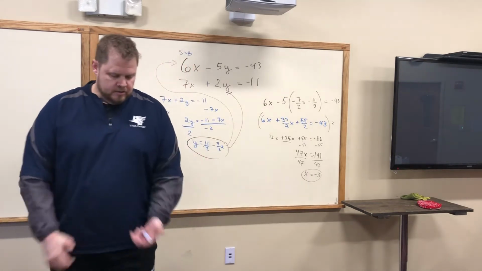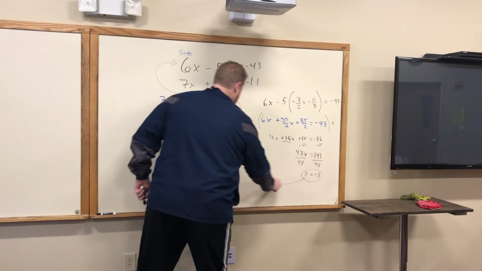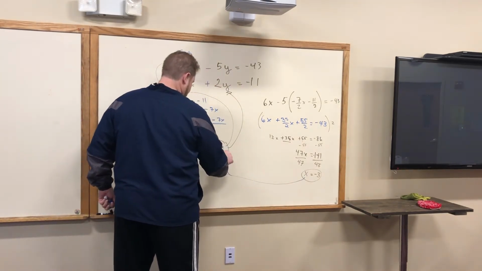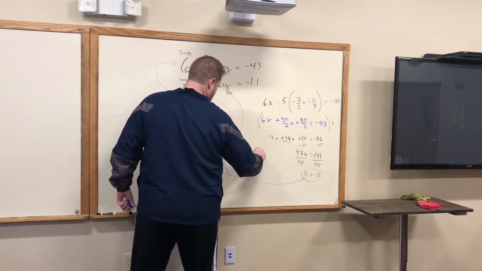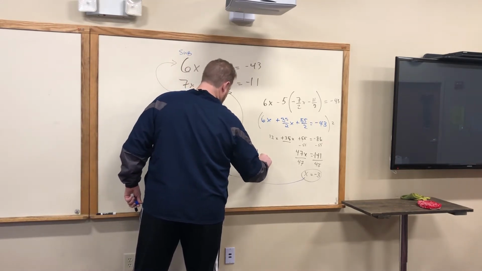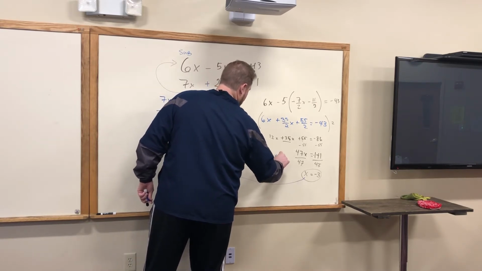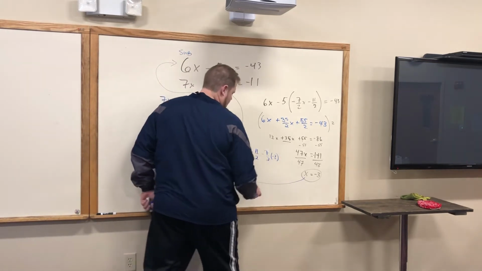Once I find negative 3, I take that and substitute it back into this equation: y equals negative 11 halves minus 7 over 2 times negative 3. When I do the math work here, what am I going to be left with?